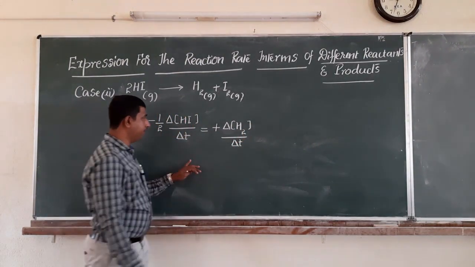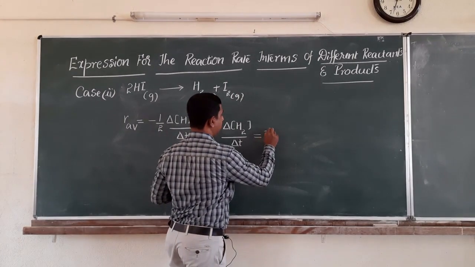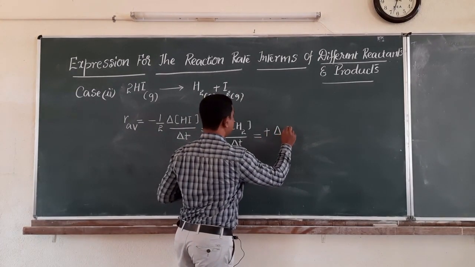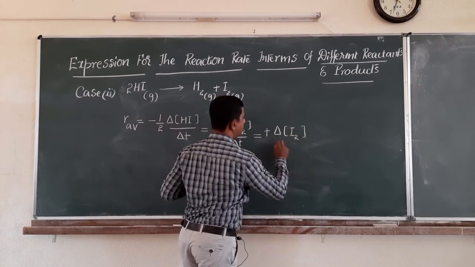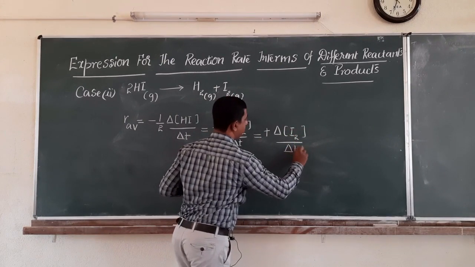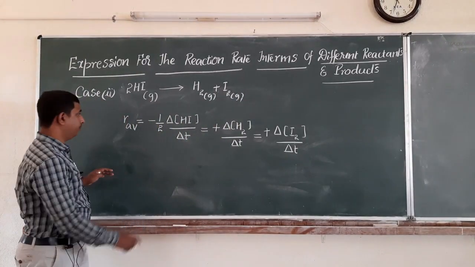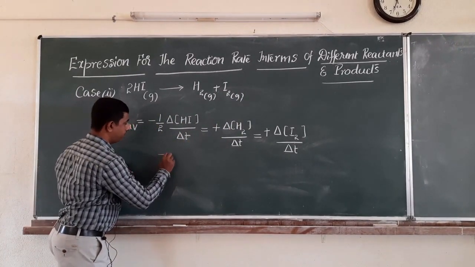By delta T, it is also equal to plus delta concentration of I2 by delta T. Now I'll equate these two.